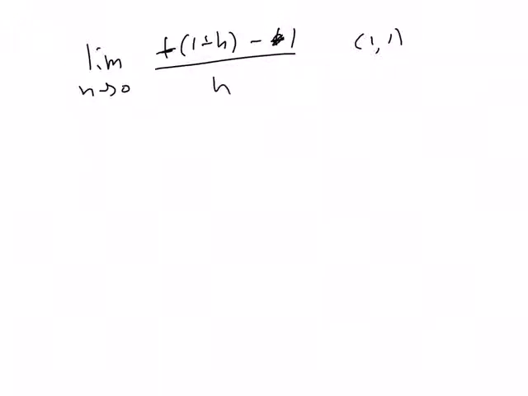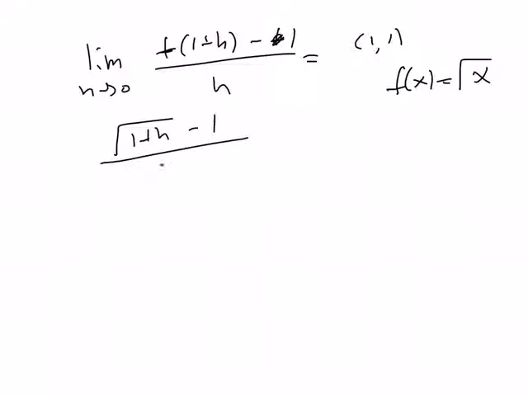So problem 7, again, we have the limit as h goes to 0 of f of 1 plus h minus f of 1 over h. Our point is 1, 1, and our equation is the square root of x. So this is going to be the square root of 1 plus h minus 1 over h.